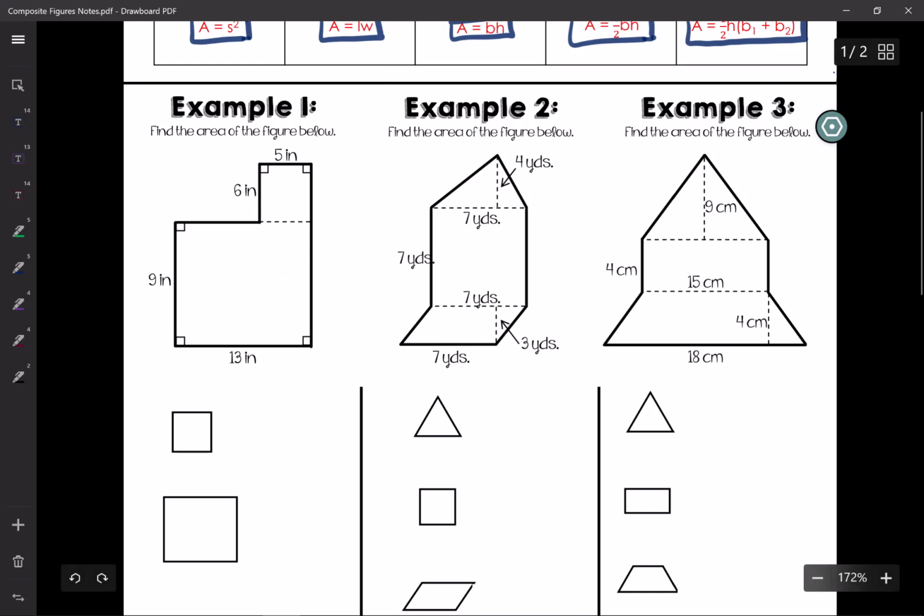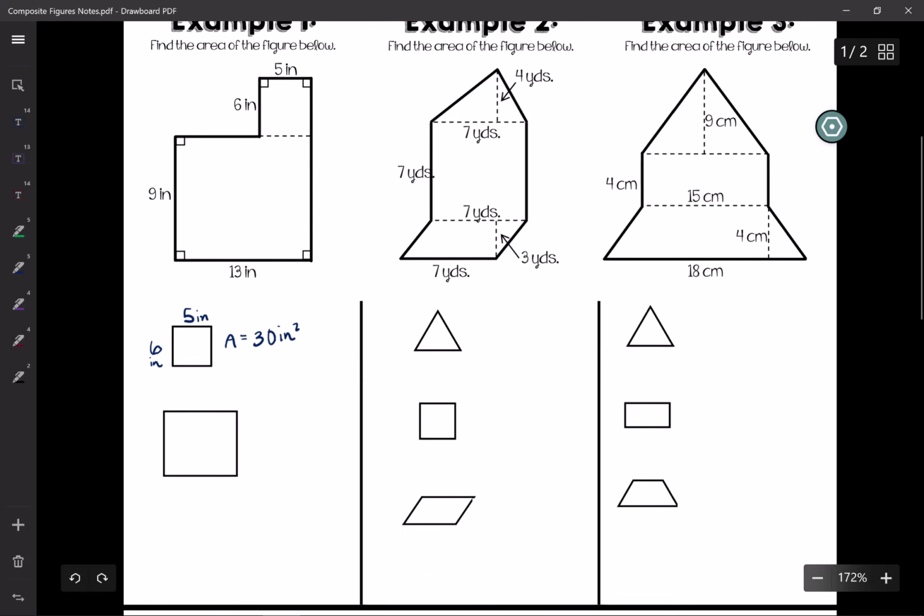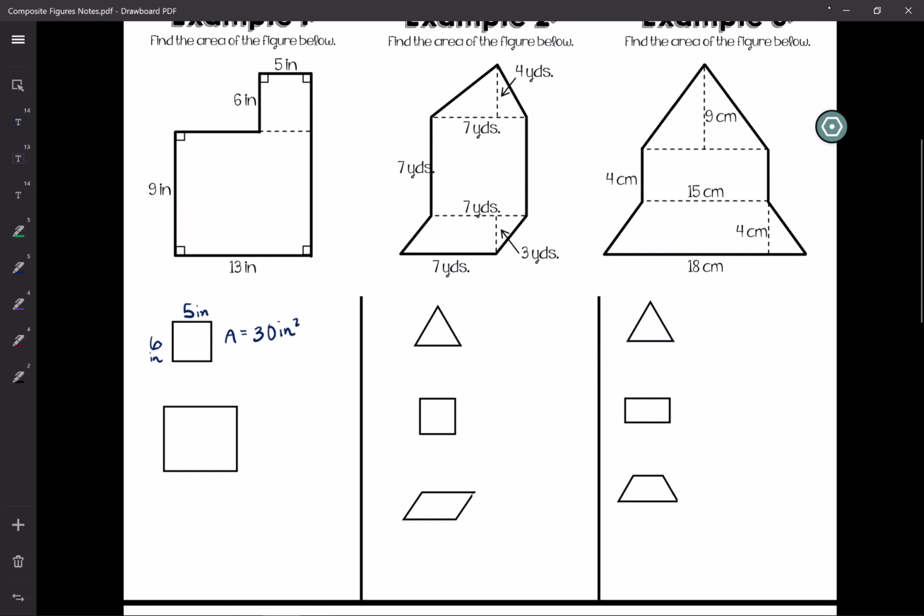So for the smaller square, we have 6 inches by 5 inches. So that gives us an area of 30 inches squared. Then on the bottom rectangle, you have 9 inches and 13 inches. And I'll show how I got that.